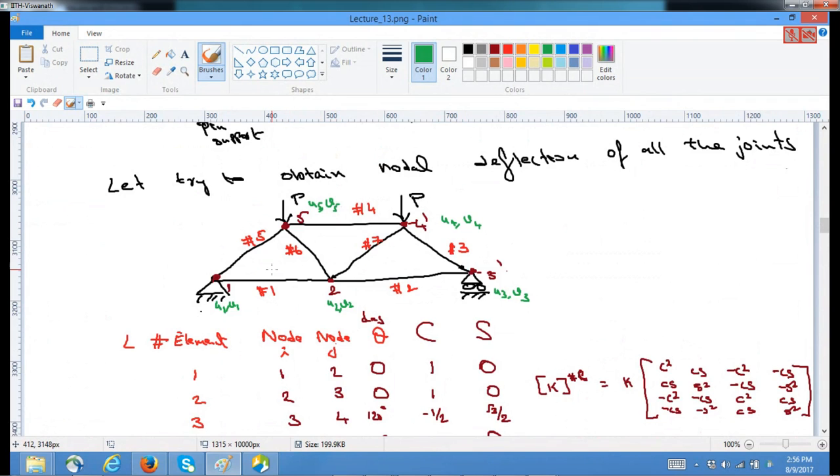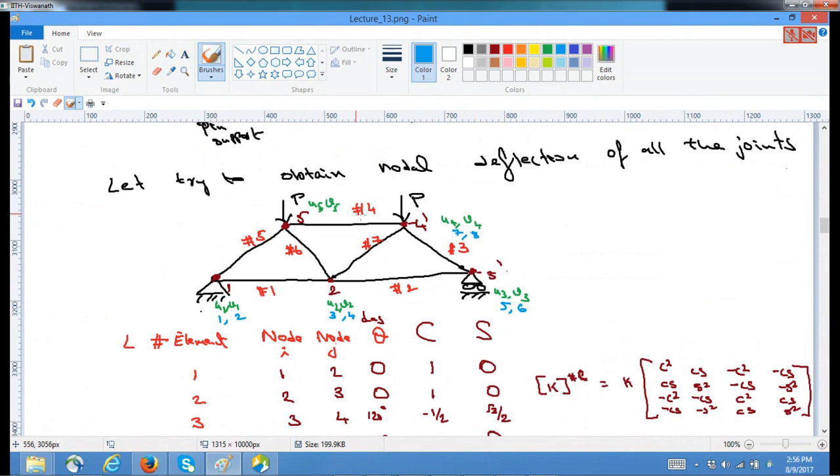Since there are 5 nodes, there are 10 degrees of freedom. Let me number the degrees of freedom. The number for U1 is 1, this is 2, this is 3, this is 4, this is 5, this is 6, this is 7, this is 8, this is 9, and this is 10. There are 10 degrees of freedom.